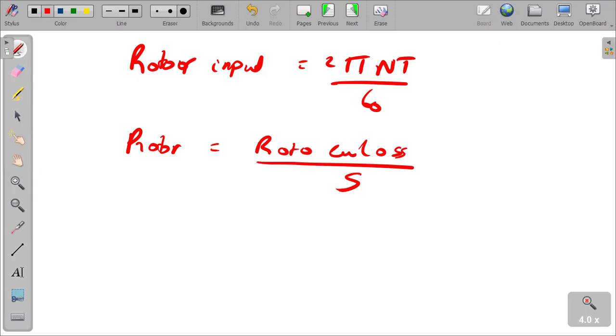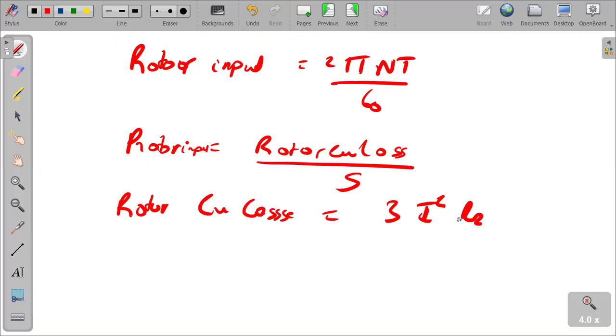We do have the slip, and we want the rotor input, so we are going to calculate the rotor copper loss. The rotor copper losses are equal to 3 multiplied by I squared times R2.